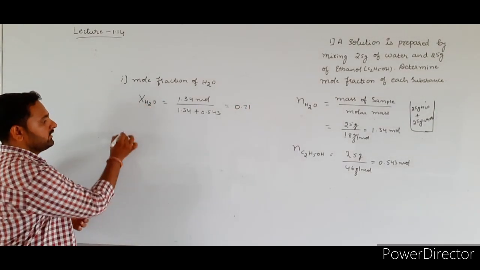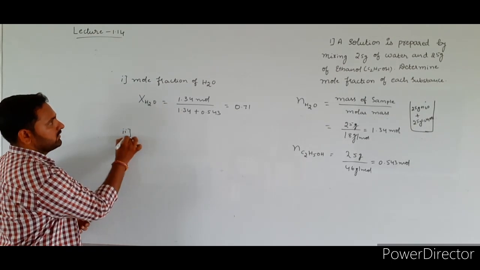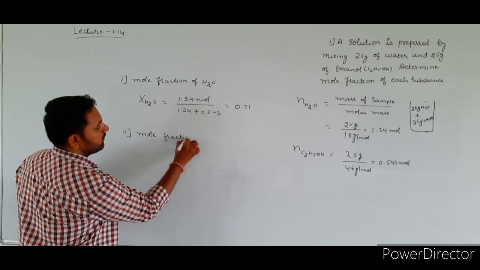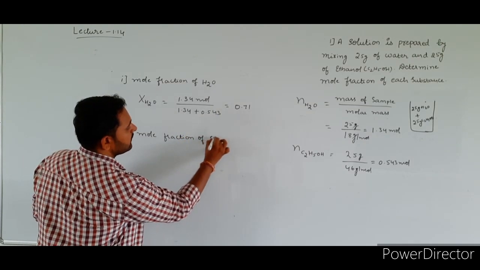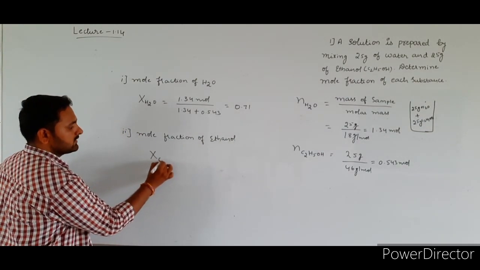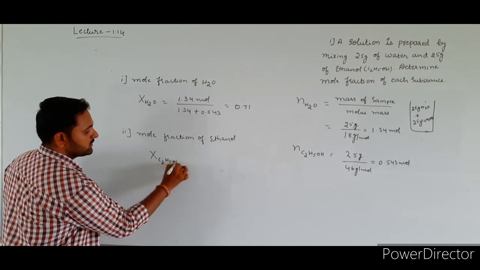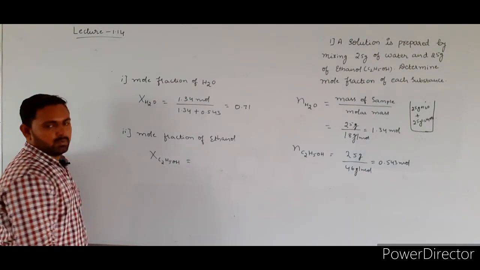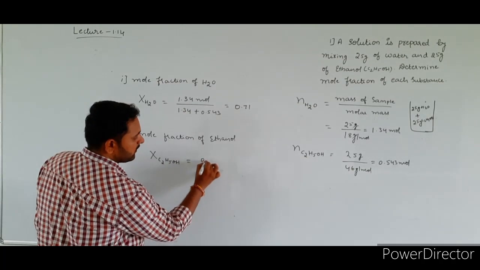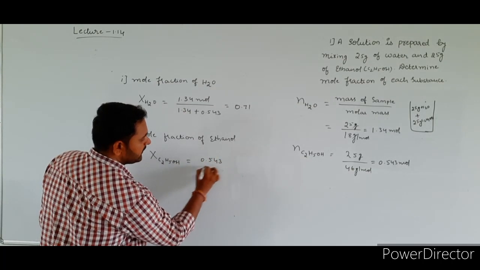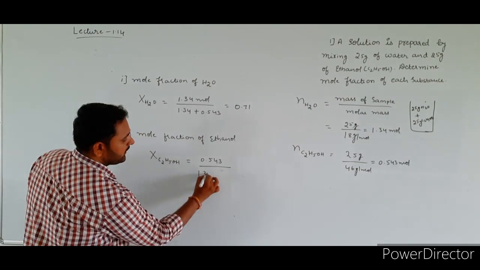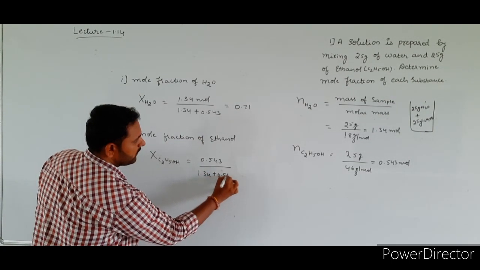Similarly, you calculate the mole fraction of ethanol. The mole fraction of ethanol, C2H5OH, is equal to the number of moles of ethanol, 0.543, divided by the total number of moles, 1.34 plus 0.543.